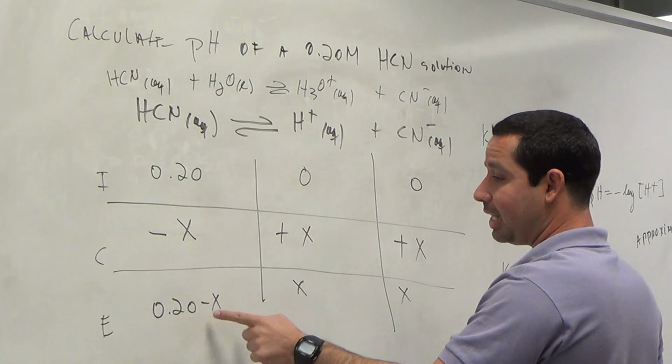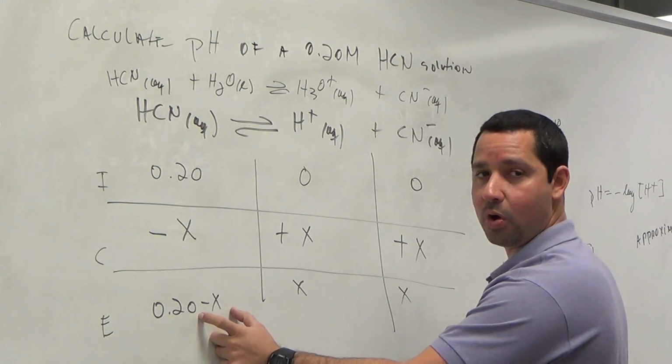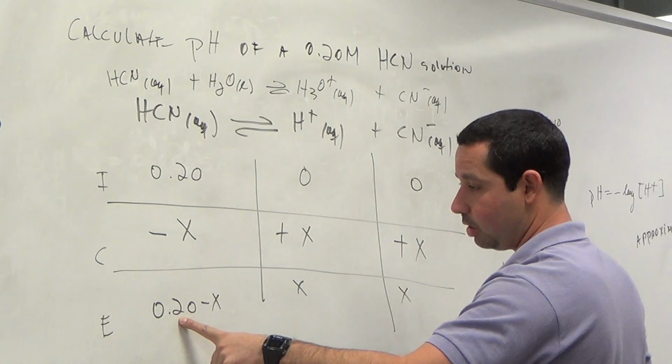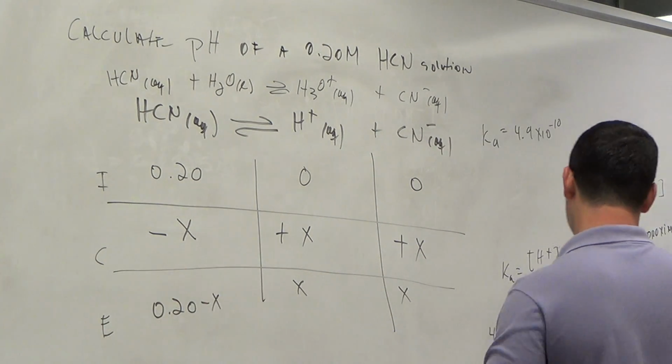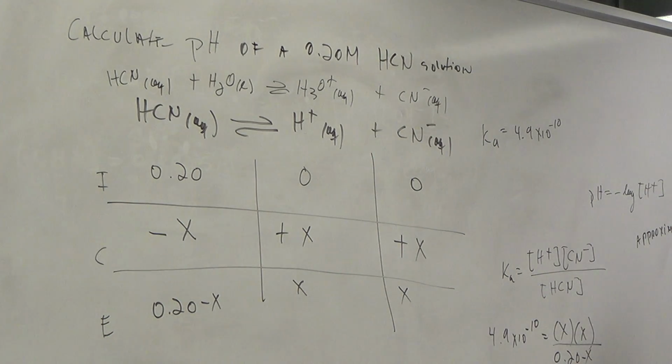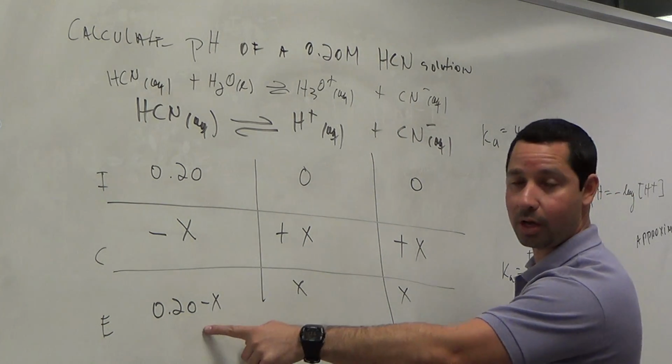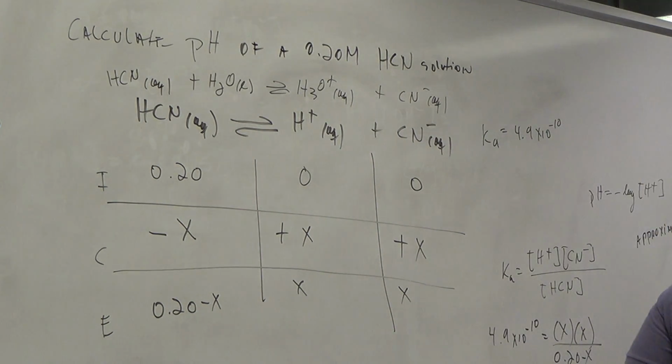What that means is that this change here is very small. It will not change this number. So since this change is very small, I am going to disregard the change because it will not change this number by a lot. Okay? So the approximation is, when the equilibrium constant is small, anything that has a plus x or a minus x, you will disregard.